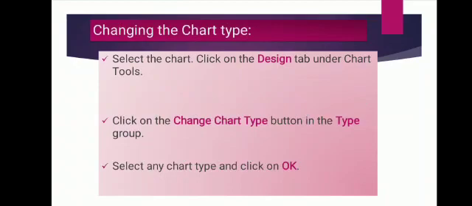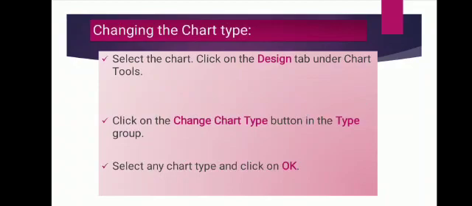Now next is changing the chart type. In this diagram I had selected the column chart. Now if I want to change it, then select the chart, click on the design tab, and like in a table, the design tab is present under table tools.